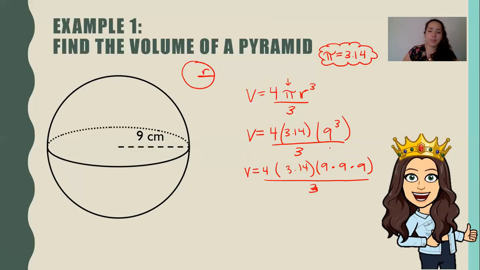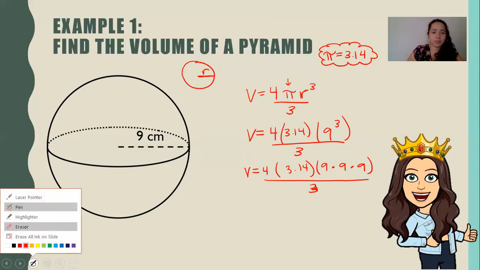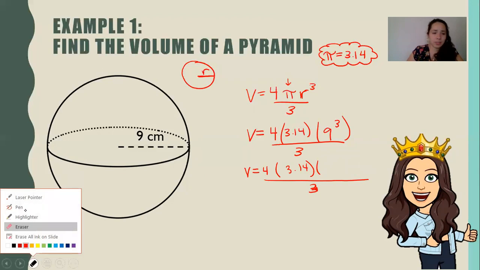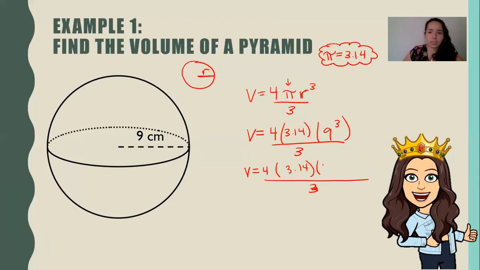So if I were to just figure this out right there, 9 times 9 times 9, I'm going to erase that because it gives me 729.